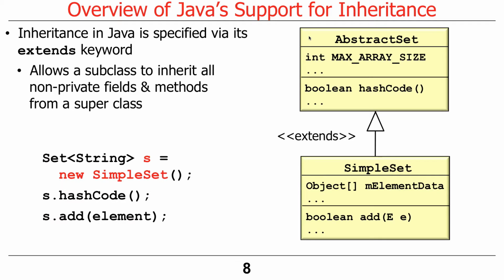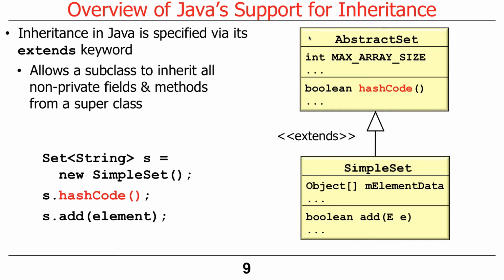Now, if we make ourselves an instance of simple set, we say new simple set. And notice, by the way, I say new simple set, but I can treat this as a set. That's one of the fundamental properties of object-oriented programming, that a subclass can be used in the context of its superclass. And now I go ahead and make a call to s.hashCode. The question is, which method is called?